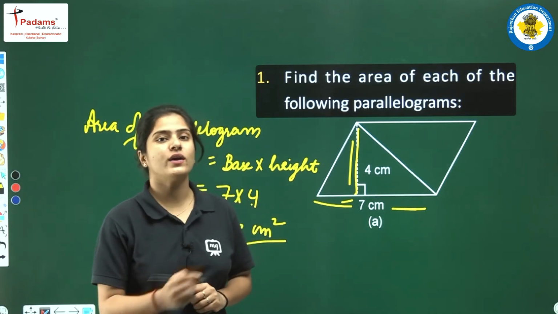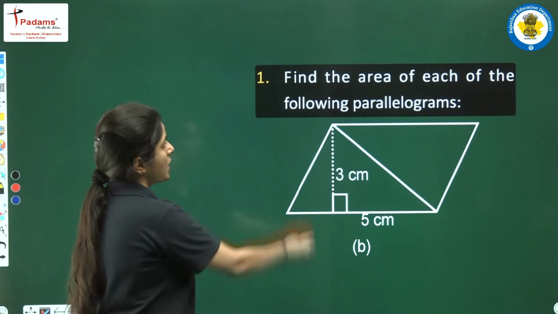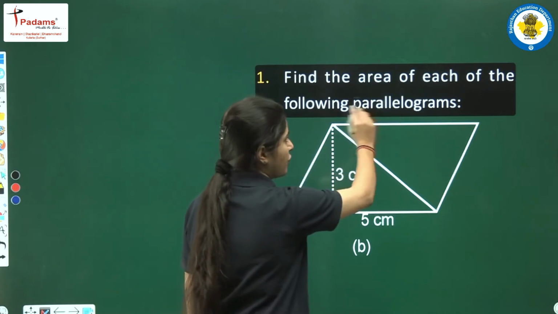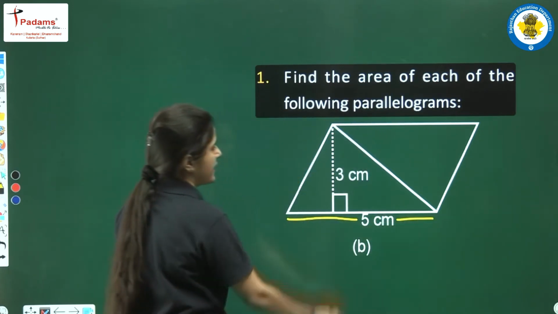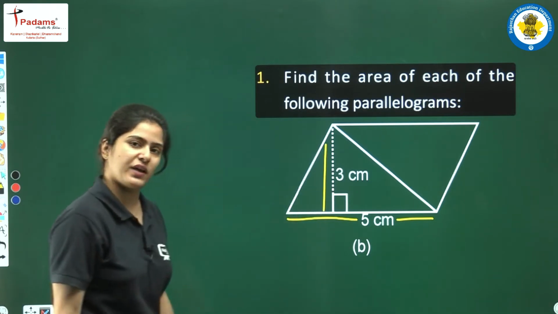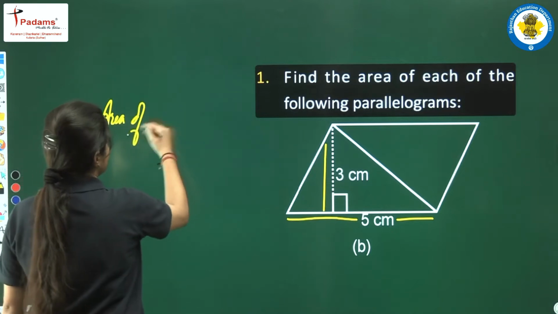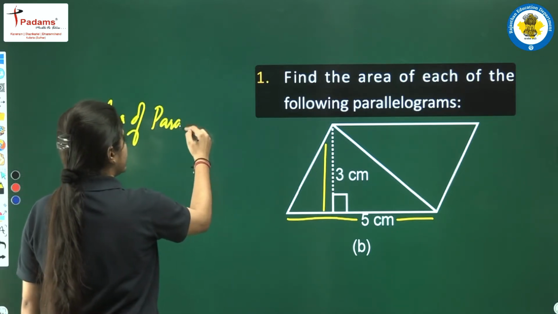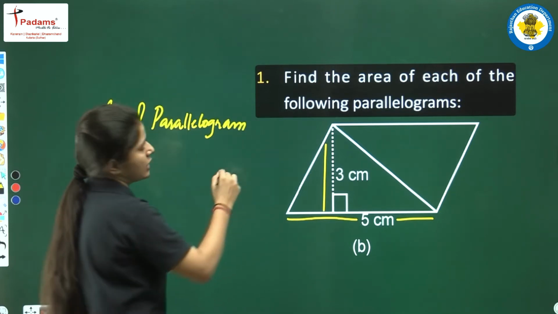Alright students, looking at the second part, what is the second part, students? Second part is, what is the area of each of the following parallelograms? This is the base, that is your 5, and this is the height, that is your 3 centimeter. Okay, so area of parallelogram, students, remember this thing that whenever you are doing the questions, you need to write the formula or else you will not get the marks.